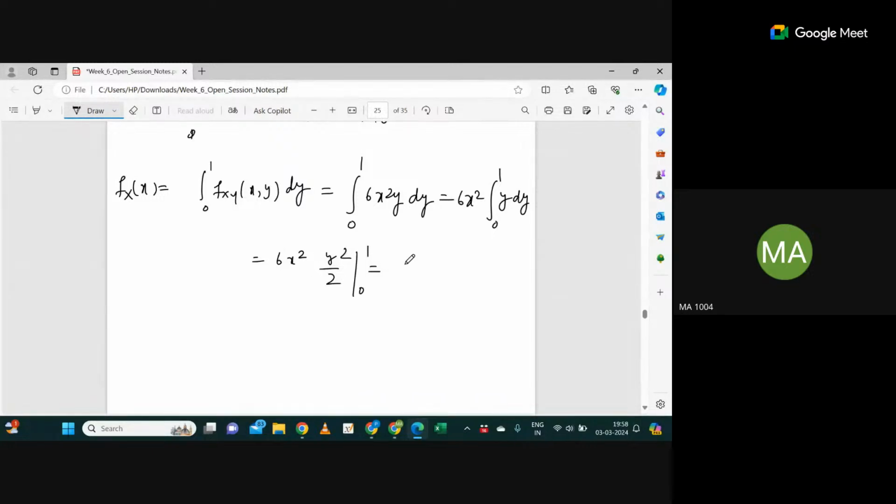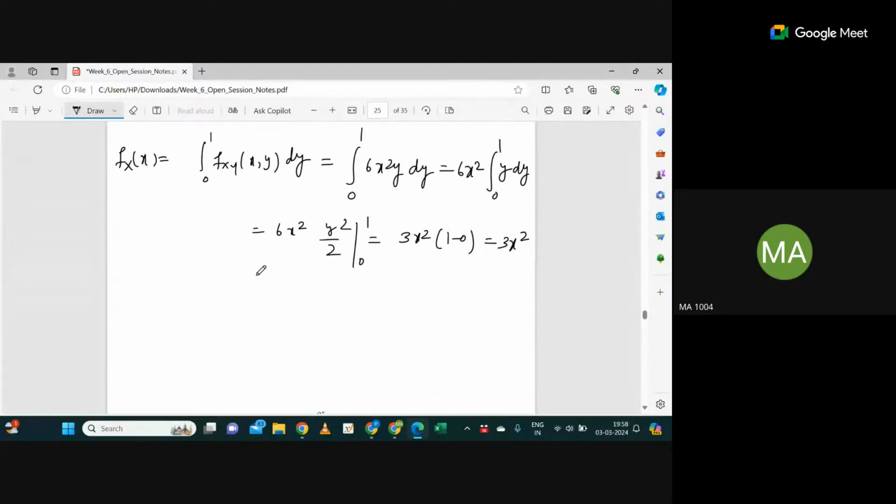It will be 6x² times y²/2 from 0 to 1, which is 3x² times (1 minus 0), so f_x(x) is 3x². At x equal to 0.5, it is 3 times 0.5 squared, which is 3 by 4.